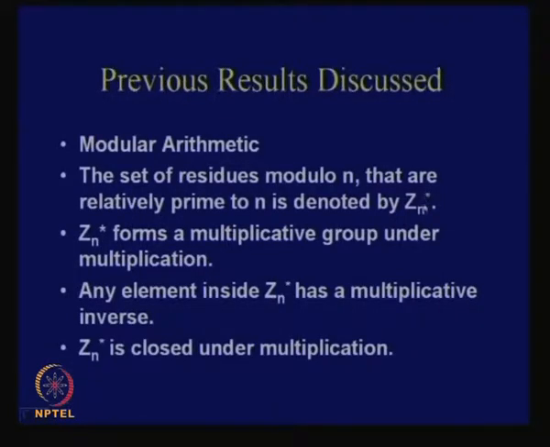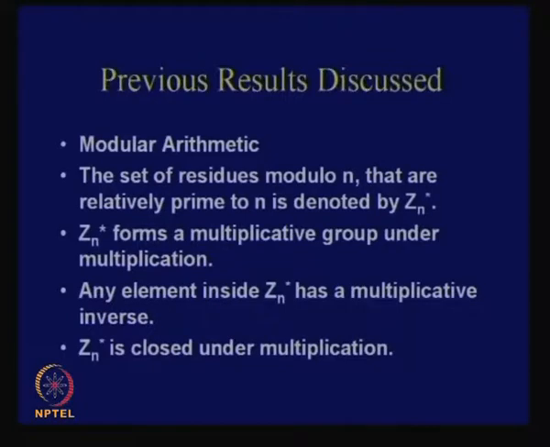Zn star means that, if n is any given number, not necessarily a prime, all those elements which, when reduced modulo n, are relatively prime. They have to be co-prime to n, so they should not have any common factor with n except 1. Zn star is used to denote that particular set.